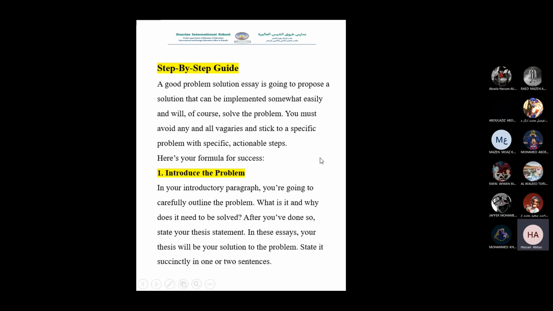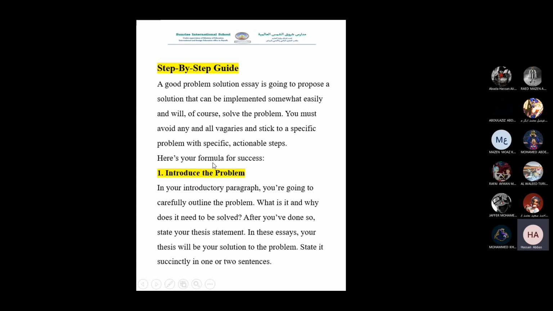Again, a problem solution essay is going to propose a solution that can be implemented somewhat easily and well, of course, to solve the problem. You must avoid any and all vagaries and stick to a specific problem with specific actionable steps.